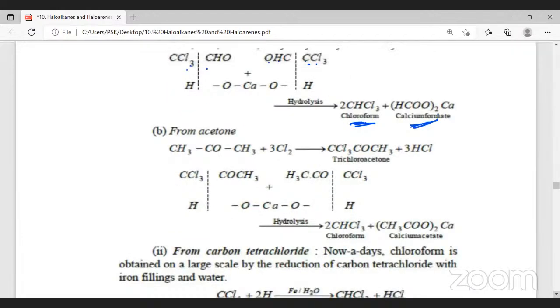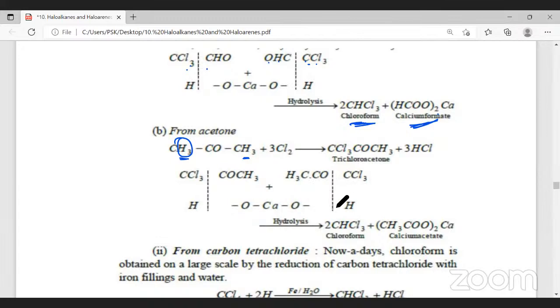Acetone is CH3COCH3. When this acetone is chlorinated, you can see this is a symmetric molecule, a simple ketone. Any of the hydrogens you can substitute. So they're shown here, these three hydrogens replaced by chlorine. So you get trichloroacetone, CH3COCCl3.